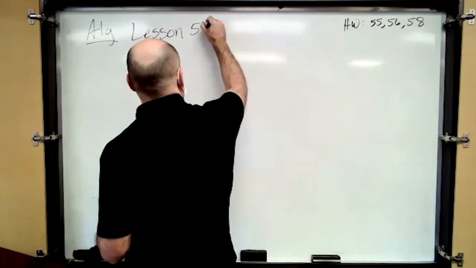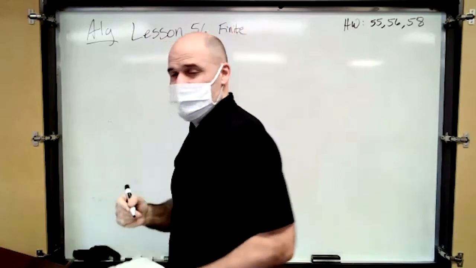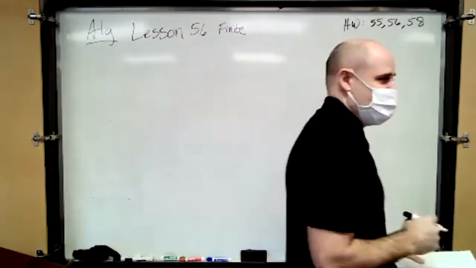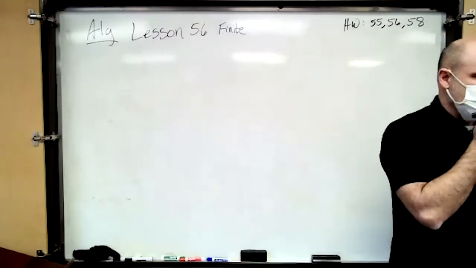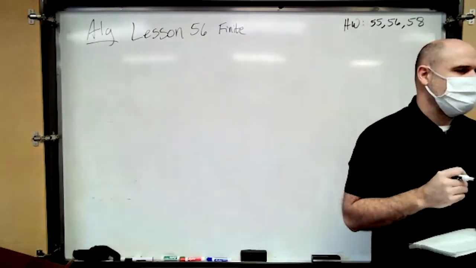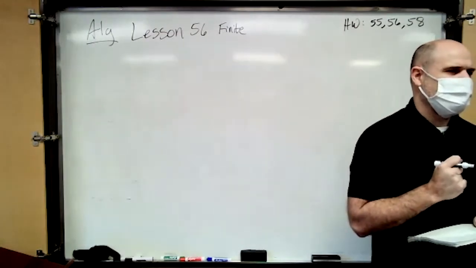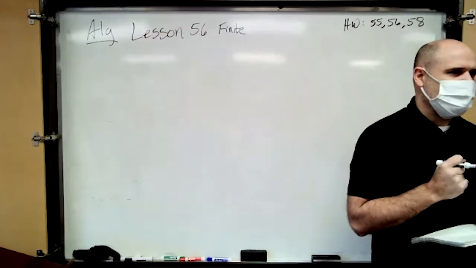All right, so we're going to do finite. What's finite mean? That's what it said. What does it mean to be finite? Small? Not necessarily. Precise? Okay. Well, what is it not?